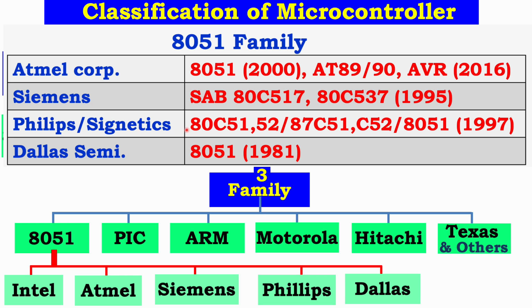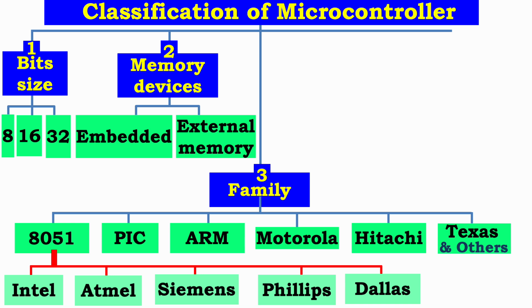Philips and Signetics manufactured the 80C series, 5152, 87C series 5152 and 8051 in 1997. Dallas Semiconductors also manufactured the 8051 microcontroller in 1981. These are all types of microcontrollers classified by different manufacturers in the entire family.